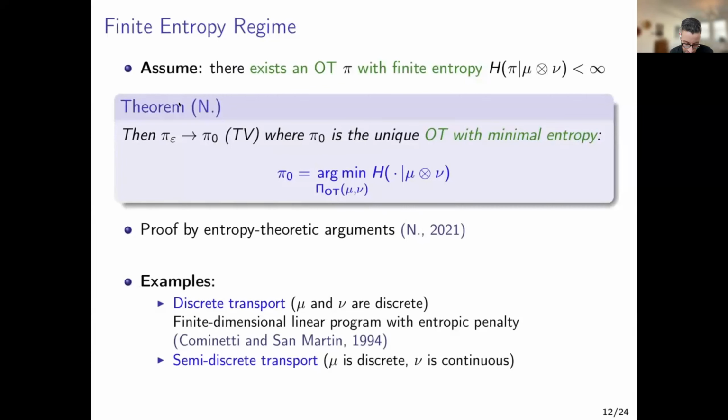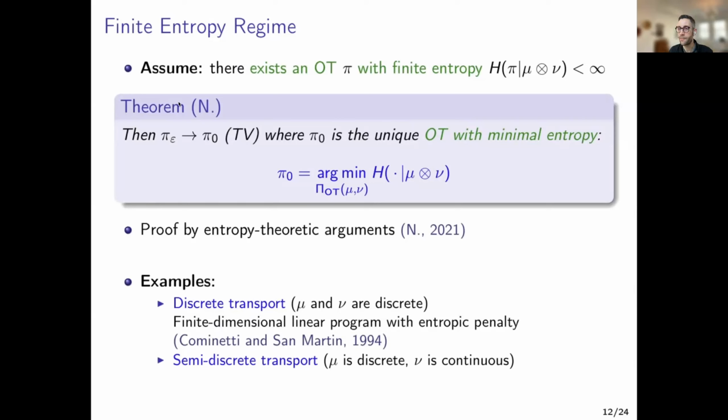What about this assumption? When is it satisfied, and when is it not? Here are probably the two most important examples. One is the setting of discrete optimal transport. If both marginal measures are concentrated on finitely many points, then the whole optimal transport problem is a finite dimensional linear program.